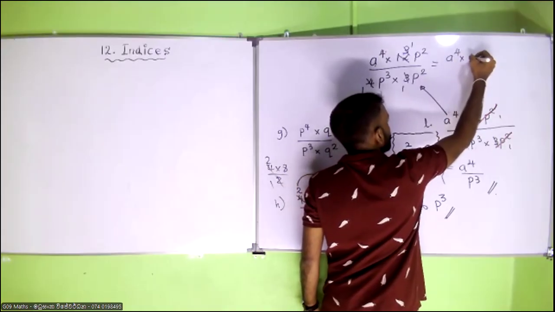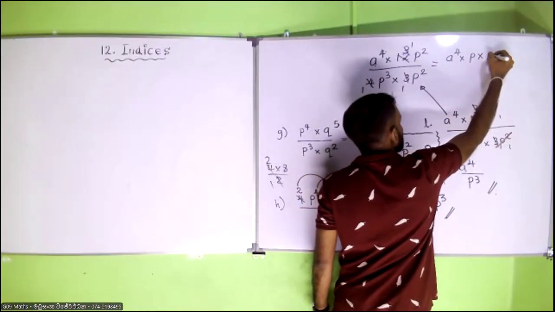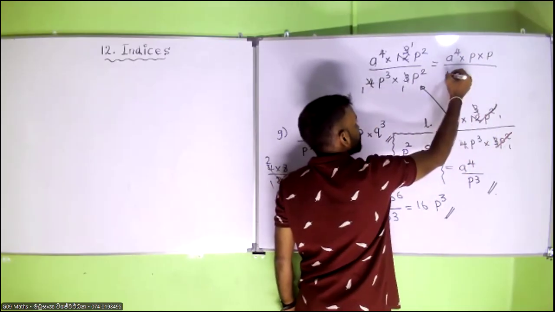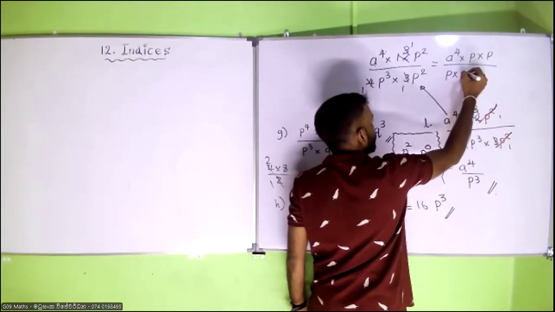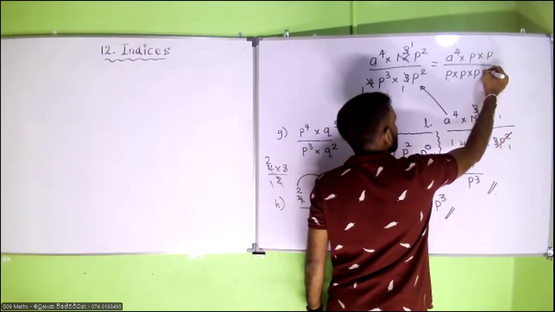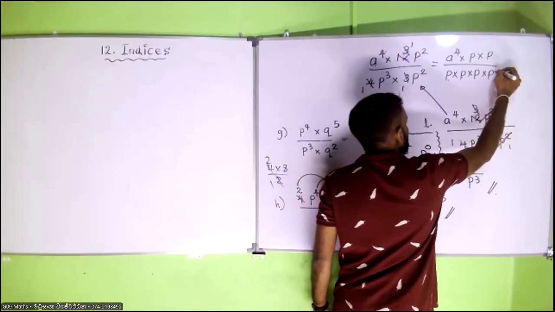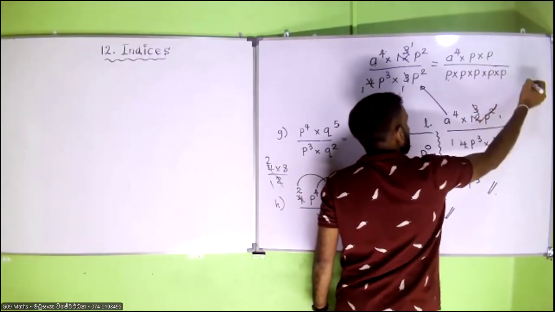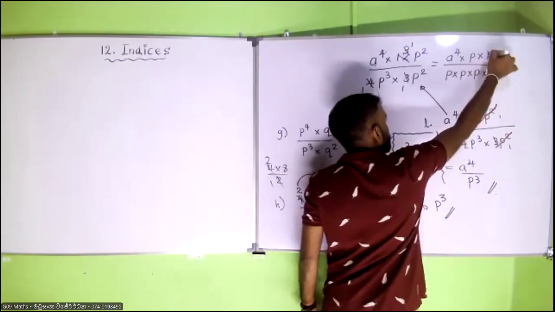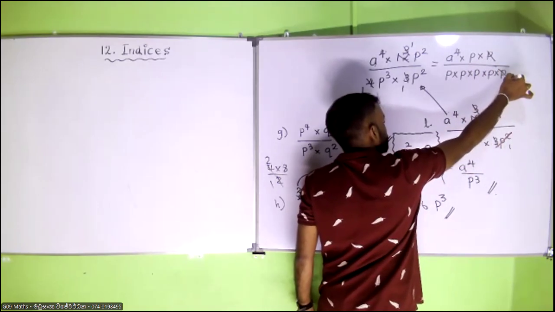That means you can expand P times P in the numerator, or else you can expand the denominator as well. P to the power 3 means P multiplied by P multiplied by P. Then P to the power 2 means P multiplied by P. Then P times 1, P times 1.